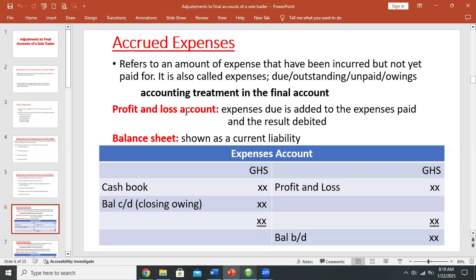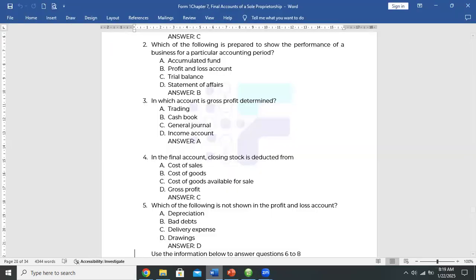And then in the balance sheet, you will show it as a current liability. It's a liability because you haven't paid. It's something you are owing. Liabilities are debt or owings. Okay. So let me see if I can show you or demonstrate how this is done in the format.